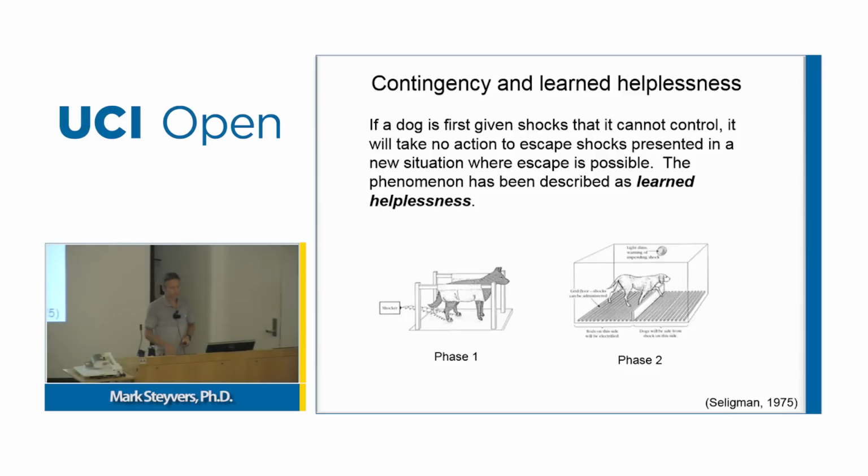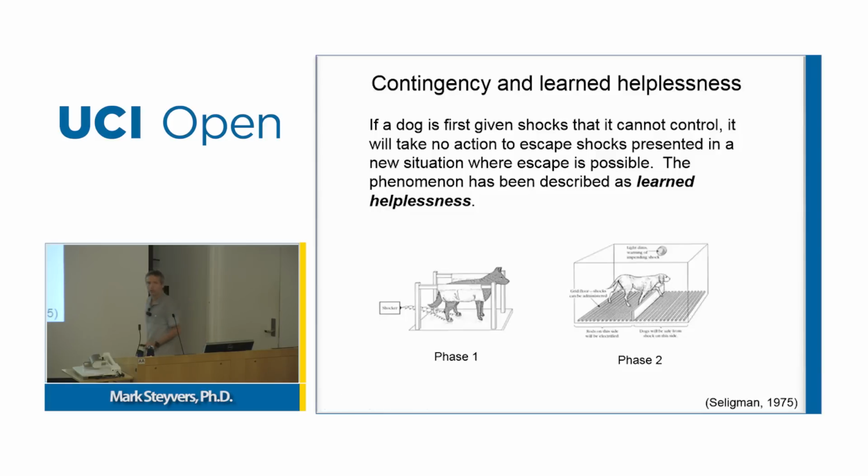Now, the important part of the experiment was how these dogs generalized whatever it was that they learned to the second phase of the experiment. So here this was a new situation where the dogs were in this cage. The floor had some electric wires so they could be shocked again. And so they could escape the shock by jumping from one part of this cage to another part of the cage.